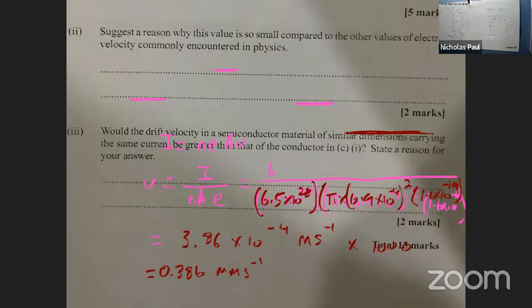One of the main reasons why it's so small is a small driving force, but that's not the main one. The reason why this value is so small is that these electrons are constantly colliding with each other, so losing energy.